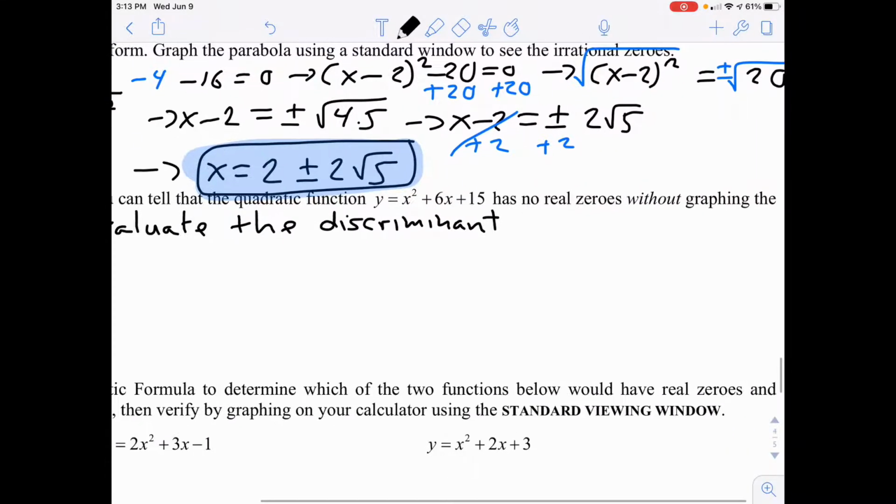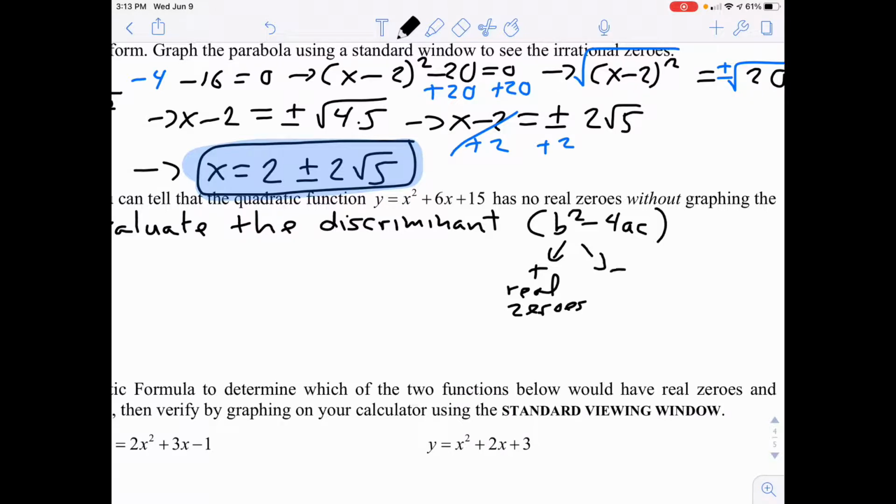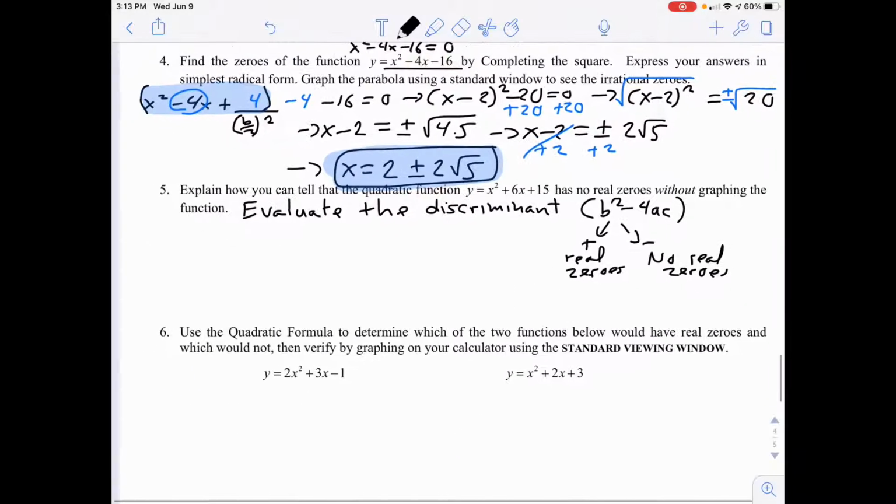Remember, the discriminant is the term under the radical in the quadratic formula, the b squared minus 4ac. If this term is positive, you have real zeros. If this term is negative, you have no real zeros. That's how we interpret it.